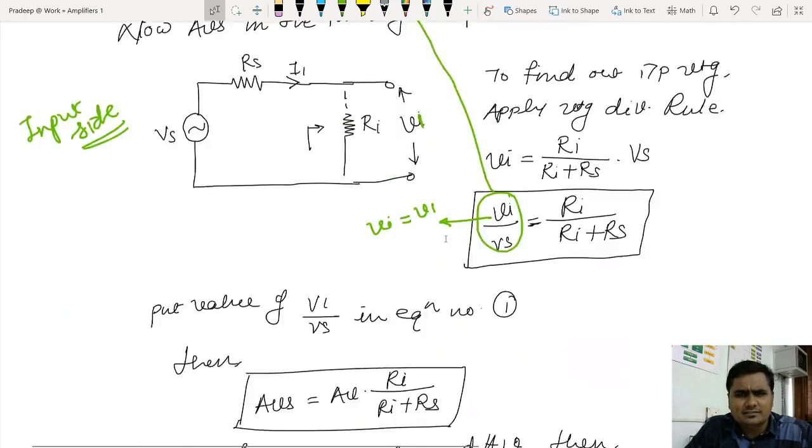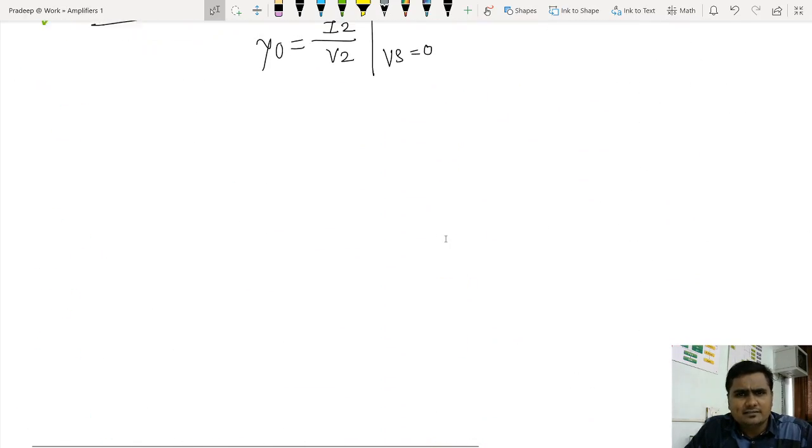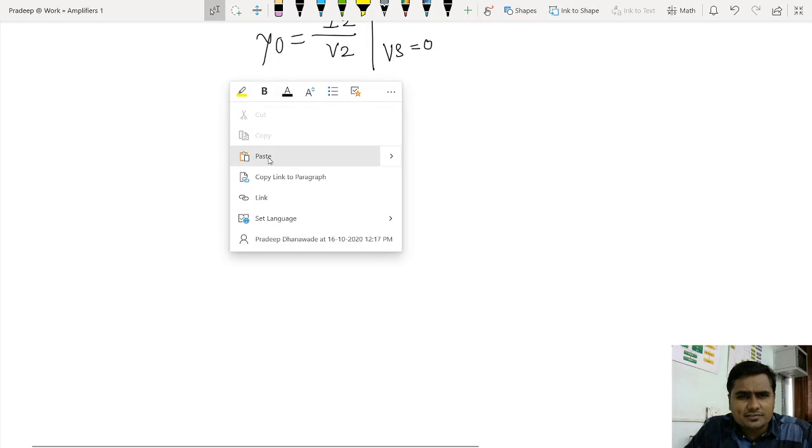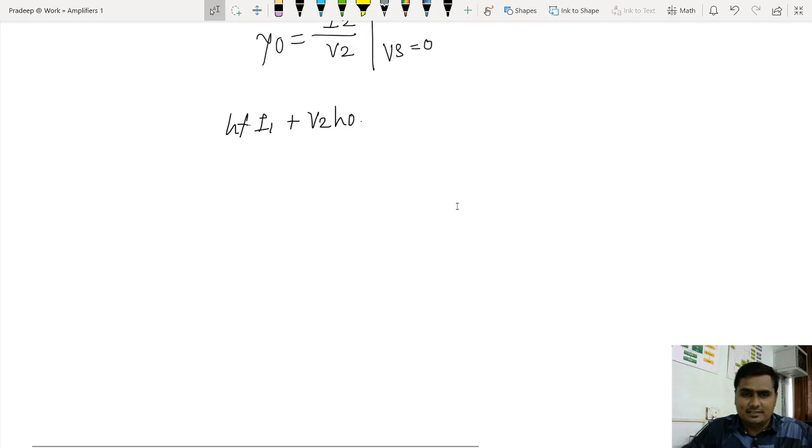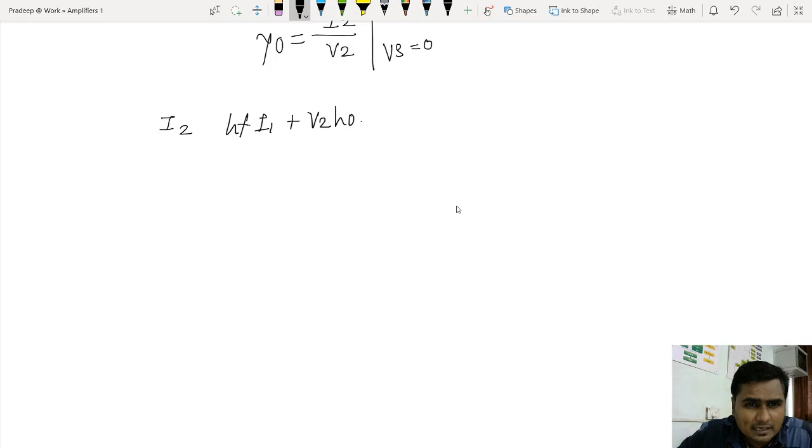Why derive the equation again and again? Whatever we have derived, I am using it. So let me paste this equation somewhere. It is pasted. Now this is the equation for output current I2. Now the thing is clear: I2 is equal to HF I1 plus V2 HO.